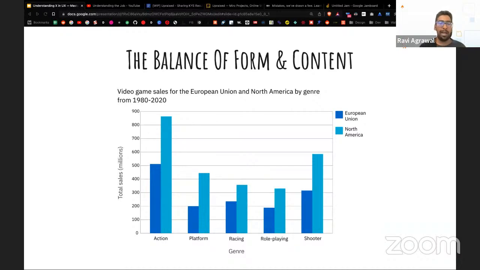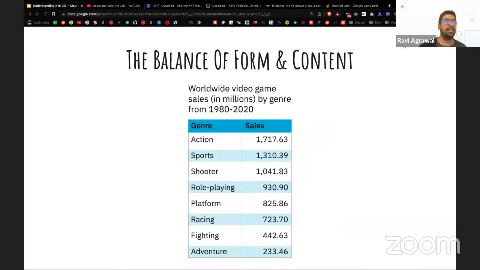Why are racing games not so popular in North America compared to the European Union? All these questions start to come up the moment you balance content with form. But if the content is not so dense, then a smaller version of the table does the job altogether.